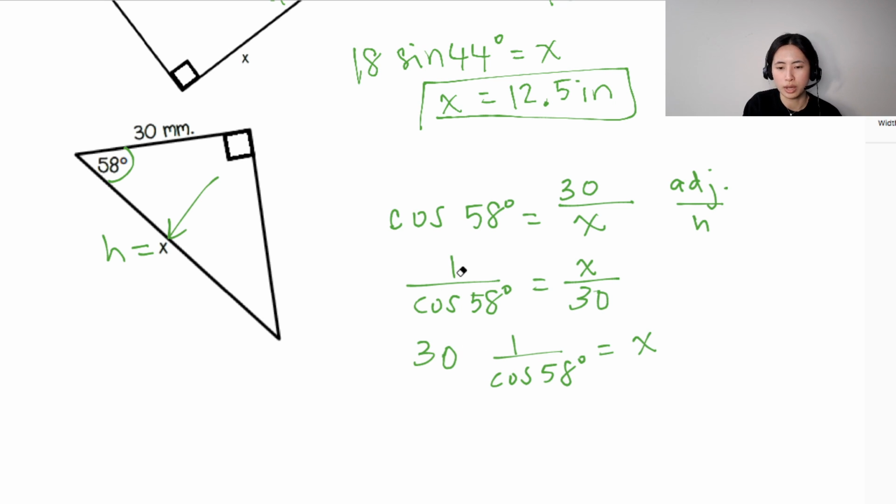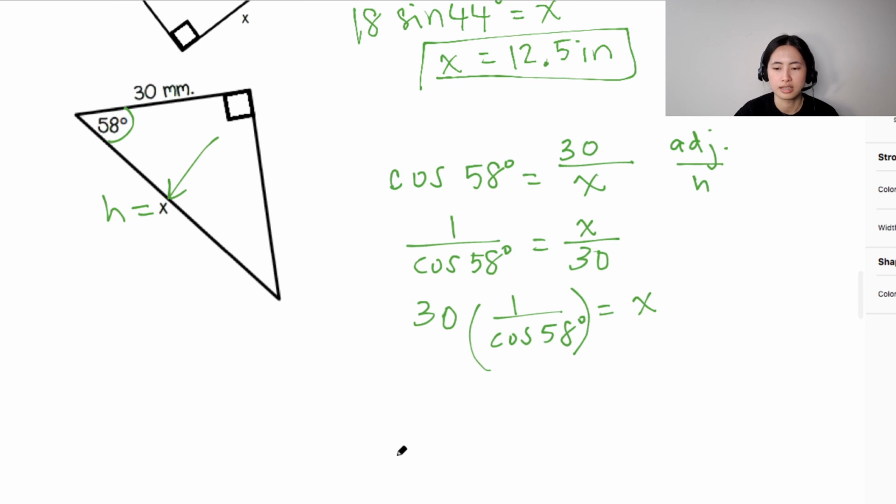Because I want to emphasize that this is multiplication and I don't want you to think that the multiplication symbol is x, I'm just going to enclose this in a parenthesis. Okay, great. So once we have x, we're going to take 30 times 1 over cosine 58 degrees.